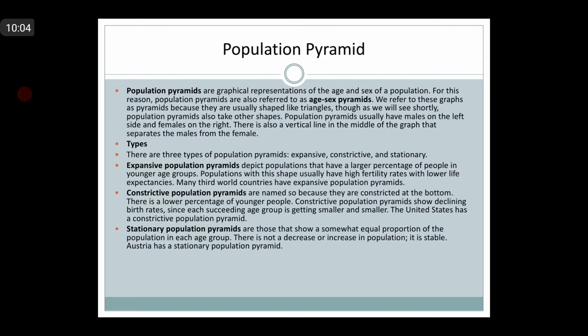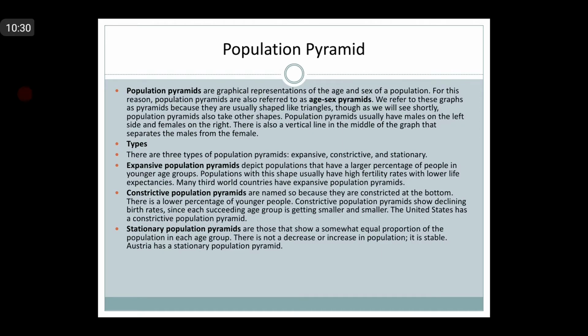So the number of old people is lesser in countries having lower life expectancy, and the countries with low birth rates and high life expectancy have fewer children and a larger number of old people. Right. So in this way, we can say that the divisions can easily be identified or noticed.